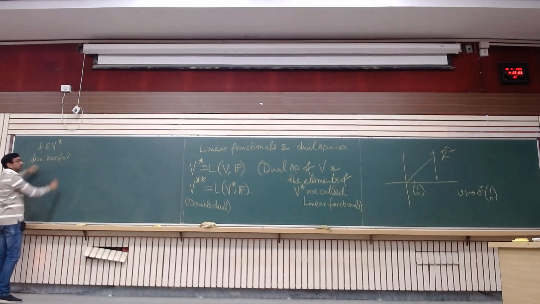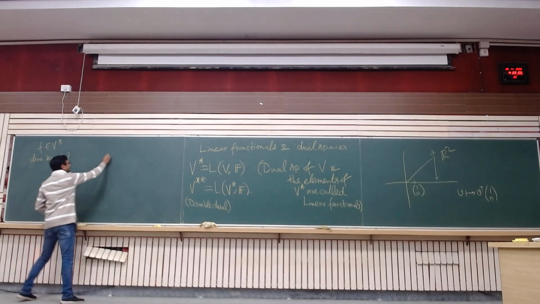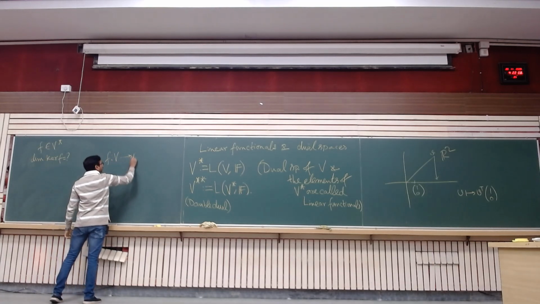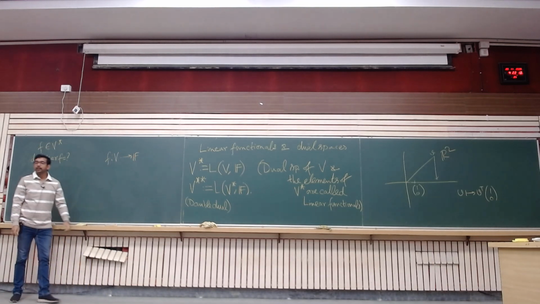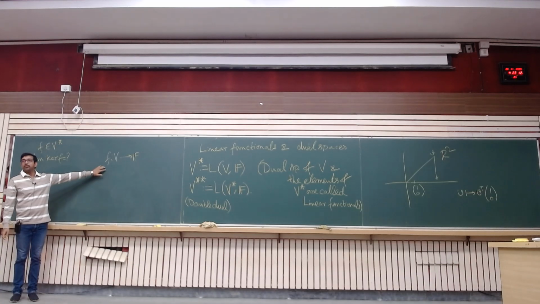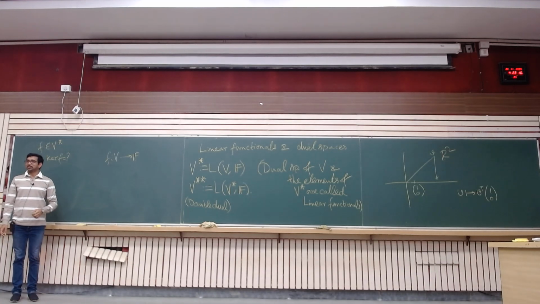Remember, f is a map from V to F, right? Unless f is identically 0, its image will have dimension what? 1, right?